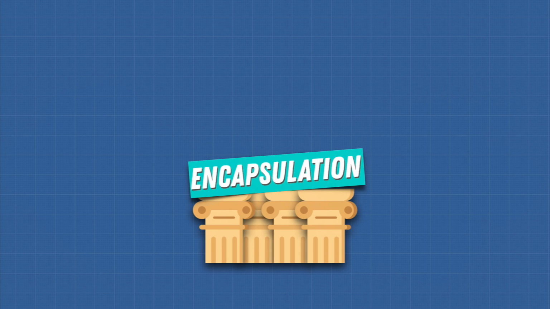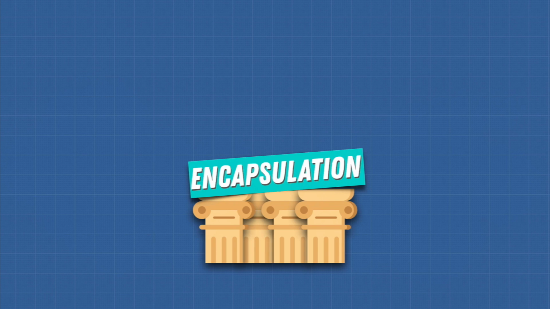Before OOP, we have procedural programming. And unlike procedural programming, where we just have functions modifying data with no real structure, OOP puts things in an object, in a container, and organizes things into units that model real-world applications. This is encapsulation.